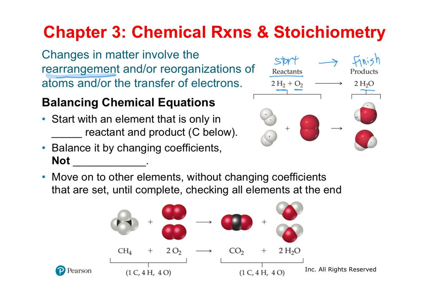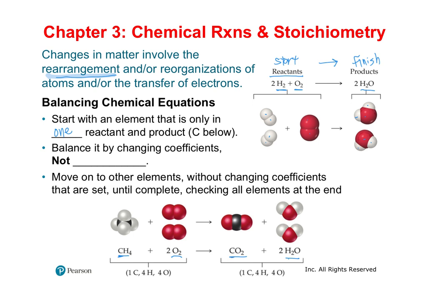So when we balance our reactions, we want to generally start with an element that shows up only as one reactant and product, ideally. So if we look at this reaction here, we have methane, CH4, and oxygen, O2, yielding carbon dioxide and water. We can see here, though, carbon shows up only one time in our reactant and one time in our product.